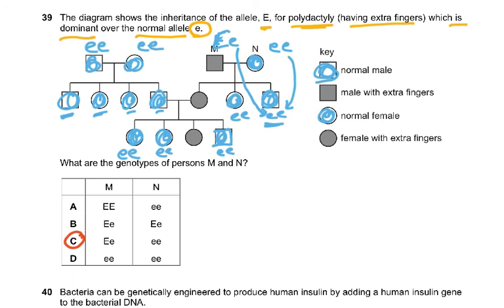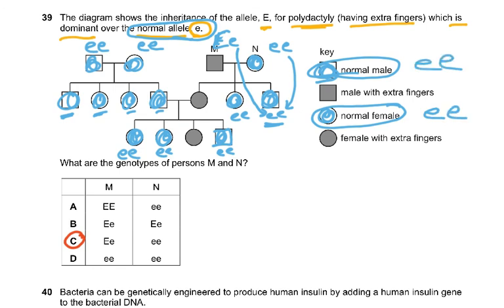I hope that makes sense, that you have to first write down the recessive characteristic, which was the normal. So you first write down the recessive and then you go back, because if a child is recessive and one parent is this, the other parent has to be this, because one small e comes from each.